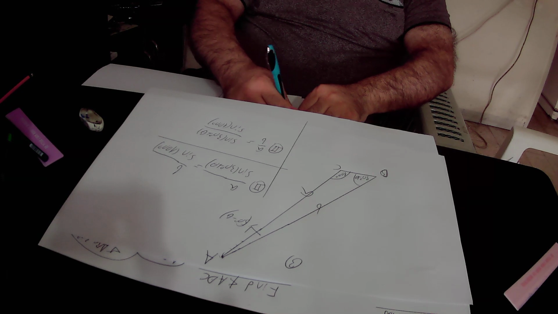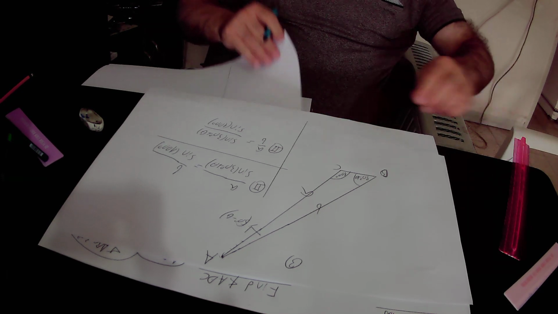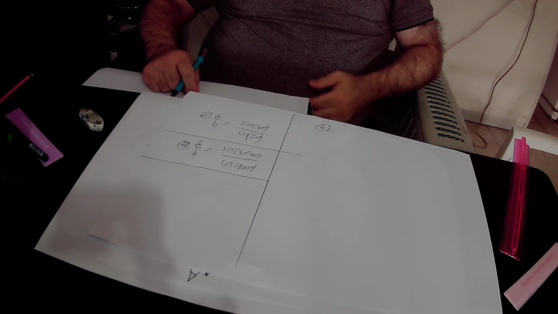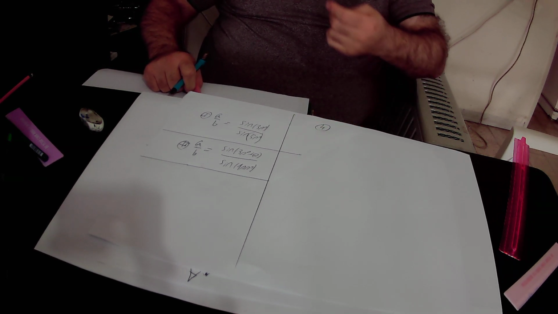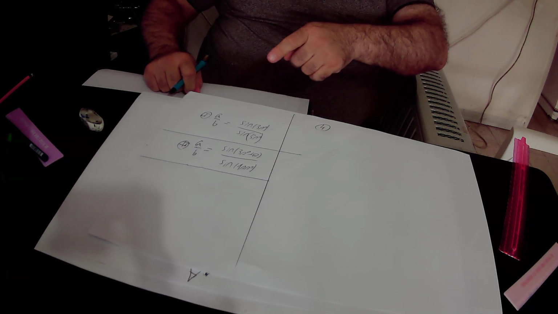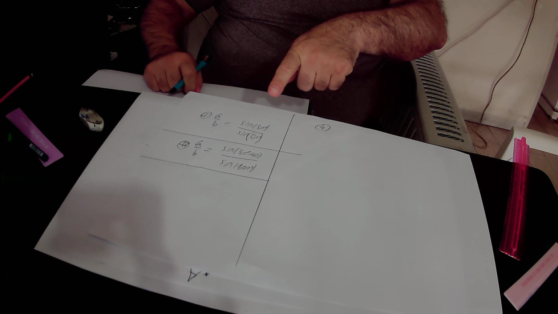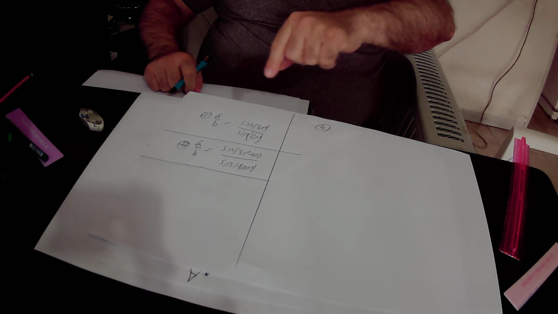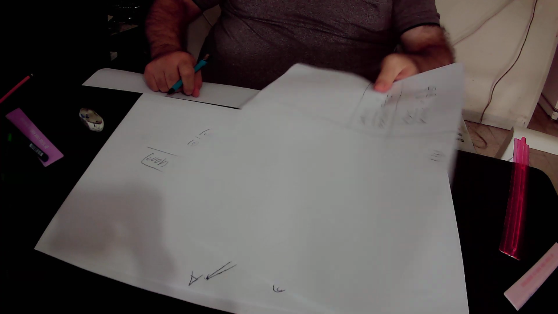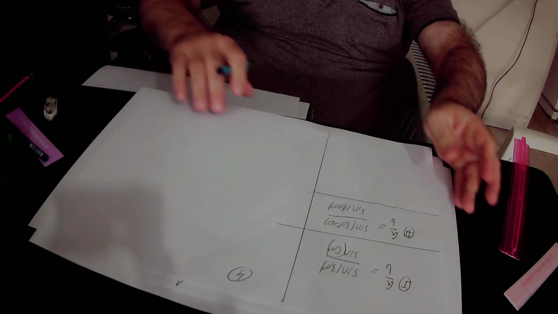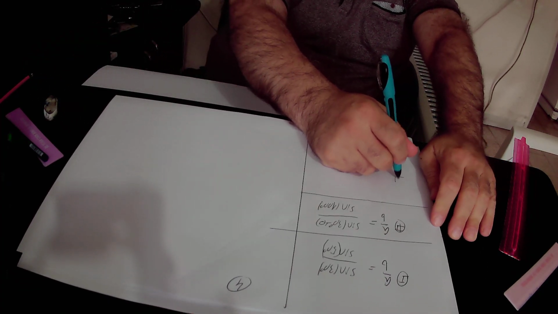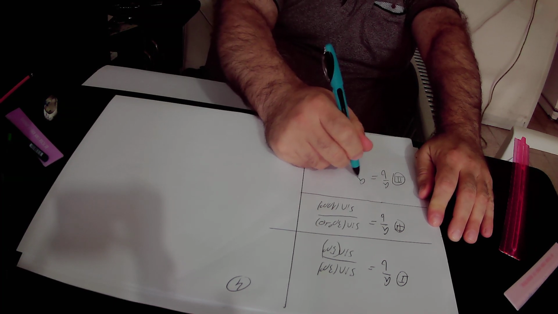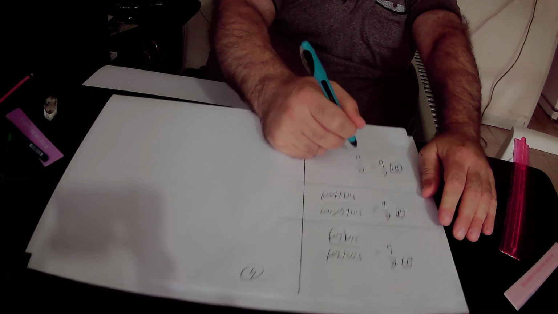Okay, so we have two equations for A over B. So here we can create equation number 3, which states that A over B according to equation number 1 must be equal to A over B according to equation number 2.